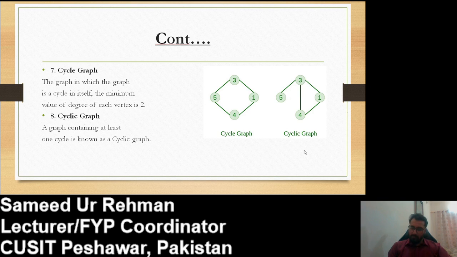So this will be called a cyclic graph, but it is not a cycle graph because 5 is not even connected; the degree of 5 is 1. It is a cyclic graph because 1, 4, 3 form a cycle.